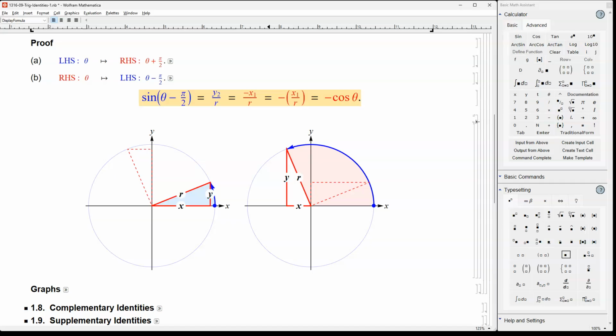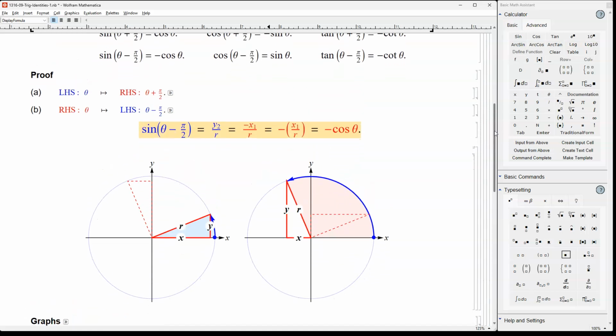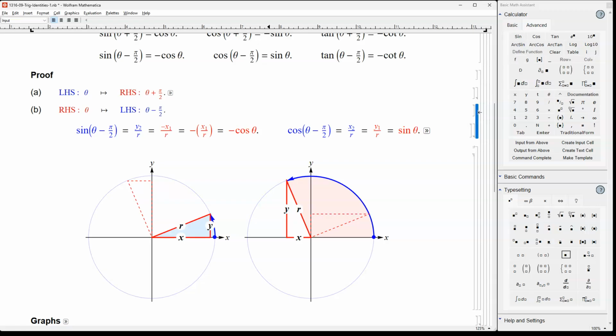Can you do the same for cosine and tangent functions too? Well, stop the playback and try. Here's the answer. For cosine, we begin from theta minus pi over 2, second picture, blue, and x over r, but the x coordinate of the second picture, so x2 over r.